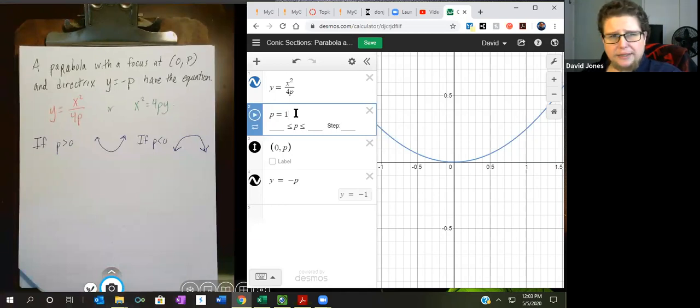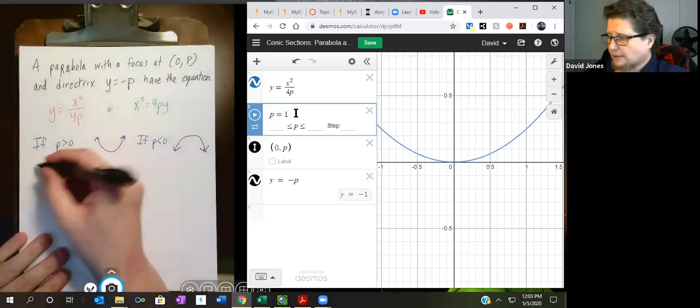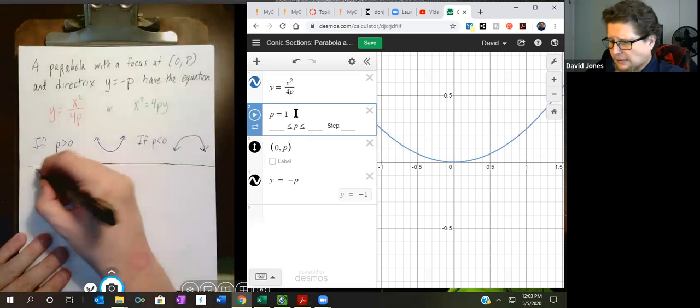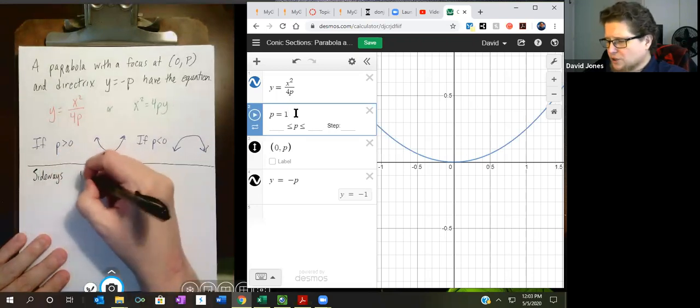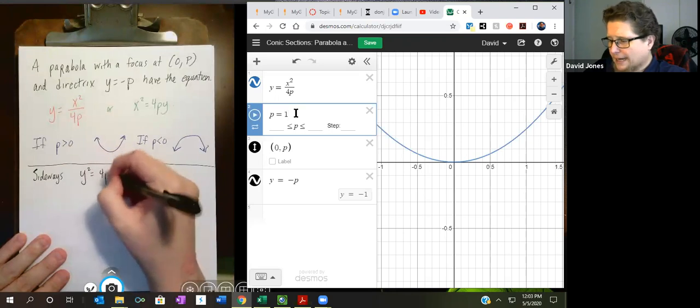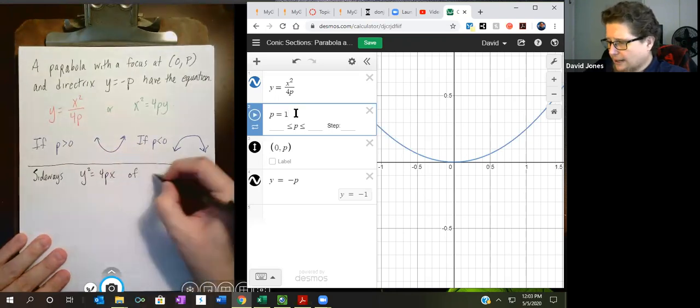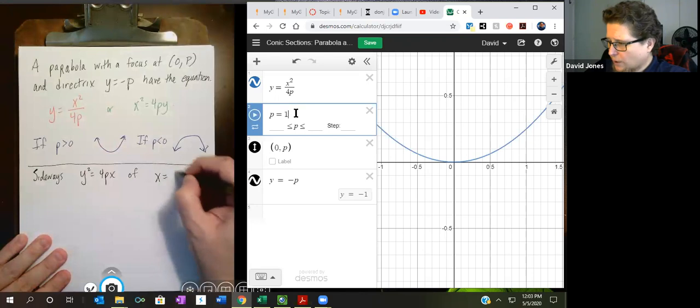And we'll work with this in a second. If we want to do a sideways parabola, we're going to have y squared equals 4px, or x equals y squared over 4p.